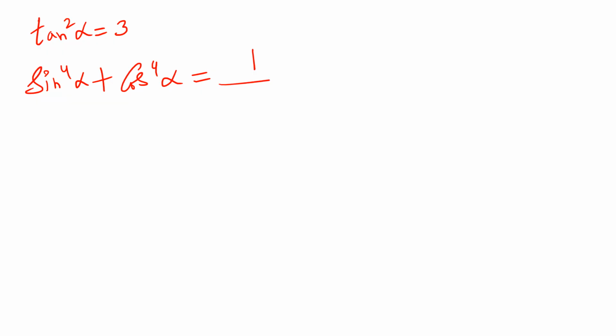Now students, you can clearly notice that the value of sin^4 alpha + cos^4 alpha will remain same in both the cases, whether you take tan square alpha as 3 or 1/3. Now if I take tan square alpha equal to 3, then the value of sin^4 alpha + cos^4 alpha is equal to 1/(1 + tan square alpha) whole square. So this becomes 1/4 square or 1/16, plus 1/(1 + cot square alpha) whole square.